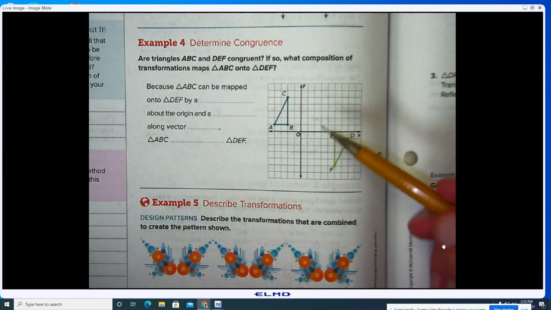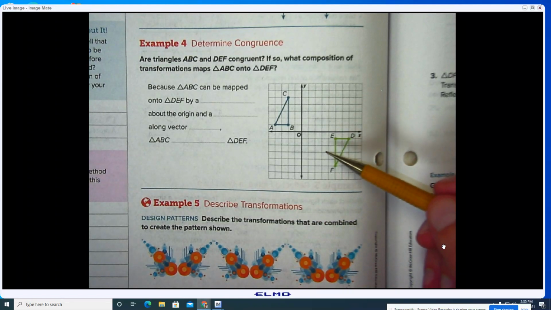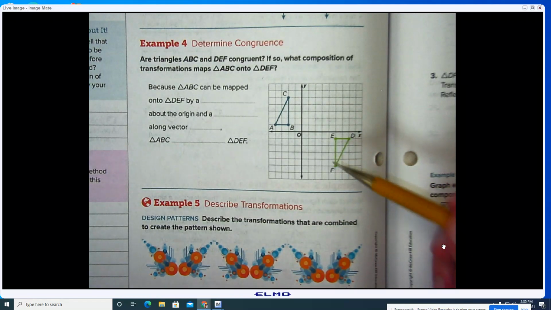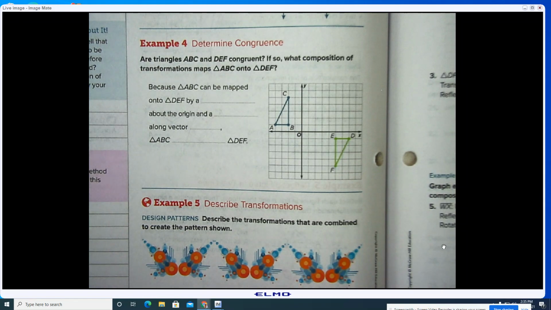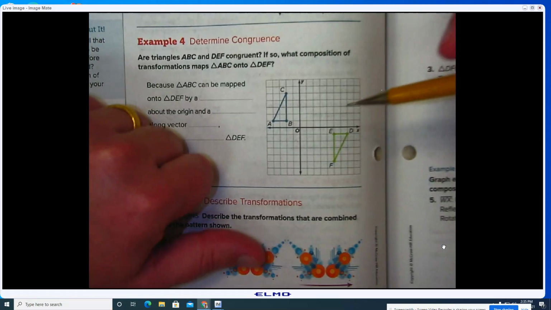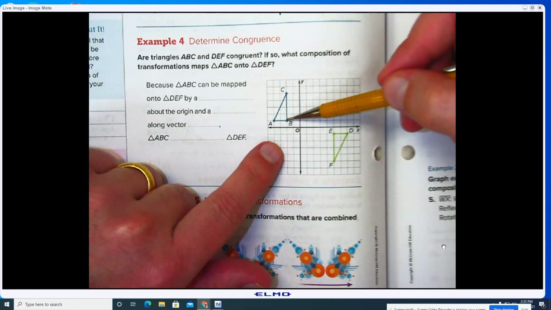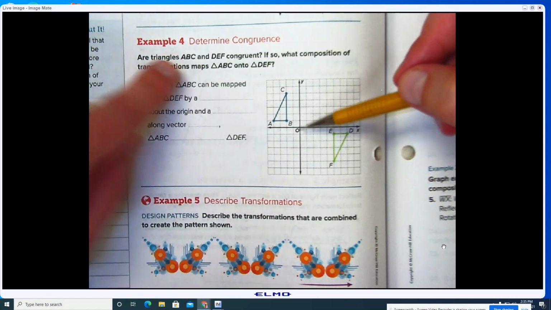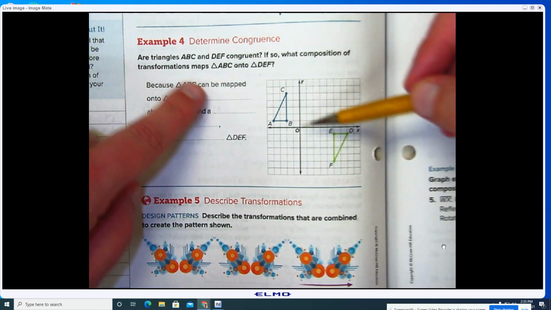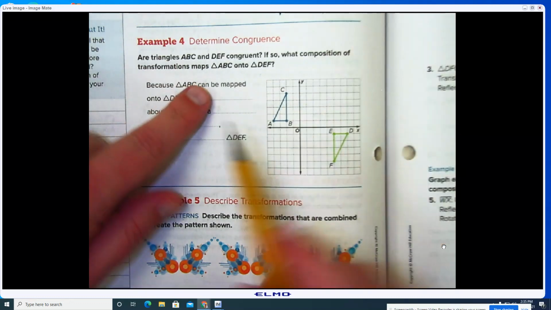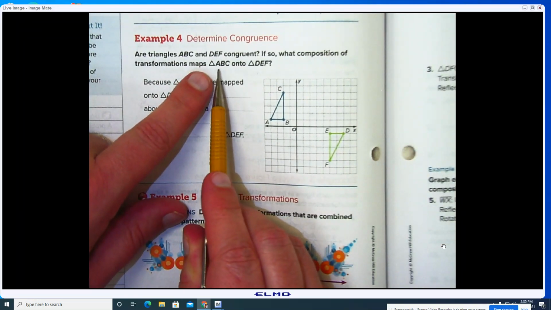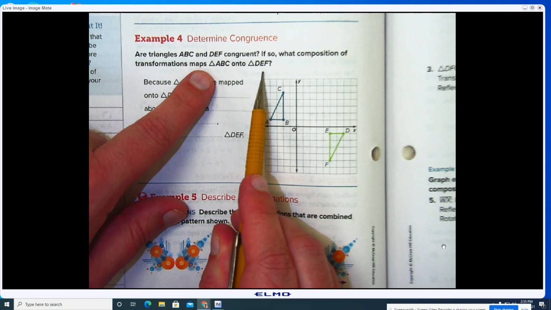I'll go ahead and walk you through this one, and then you can verify it with your patty paper and graph paper. So the key is to recognize how things have changed and to make sure that we are doing it in the order that they want us to. So they want us to map ABC onto DEF.